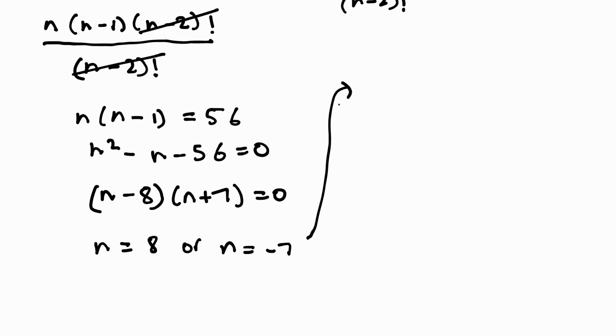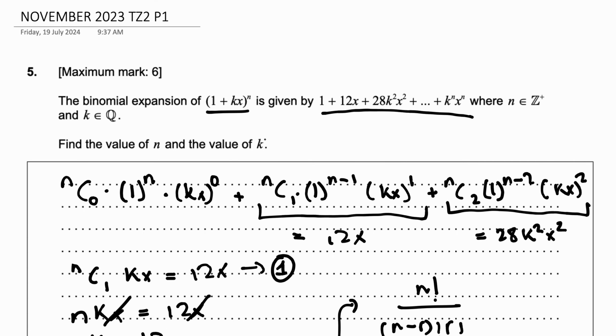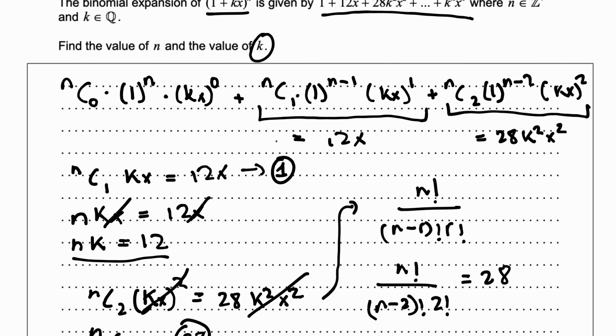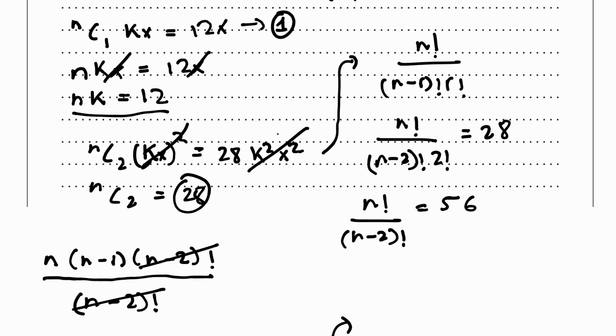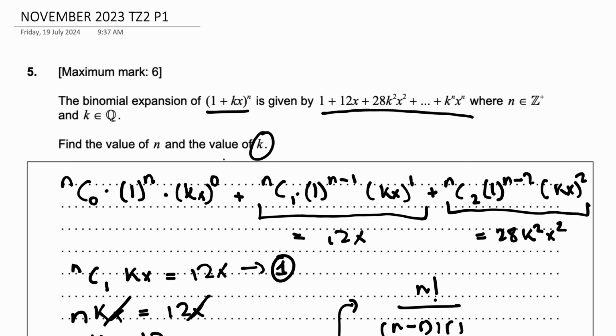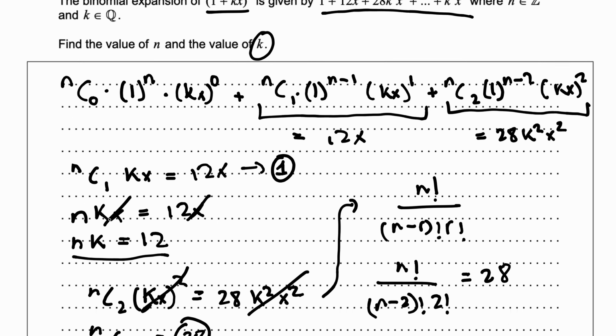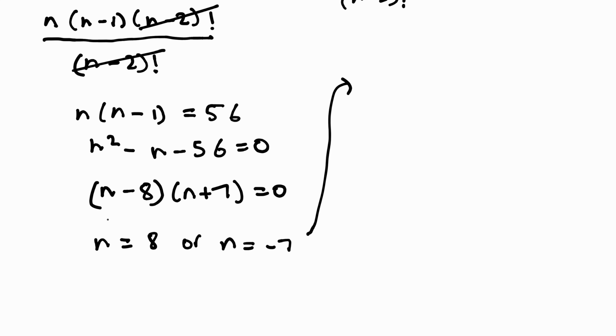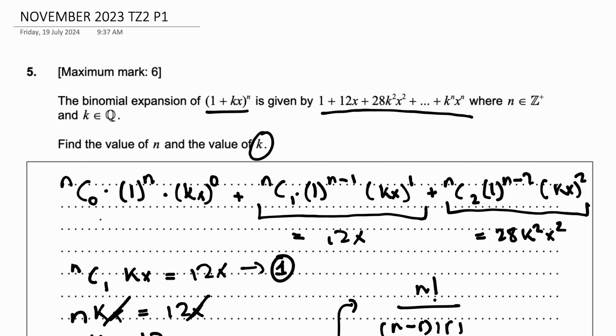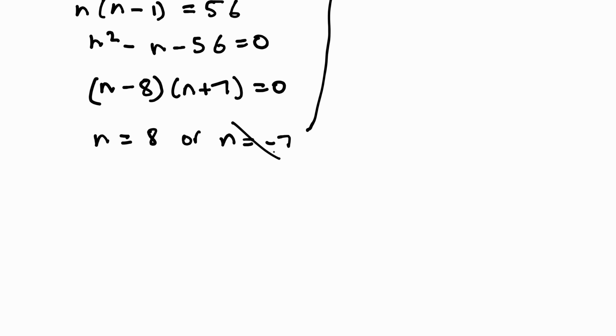Let's go up here. Now what are we supposed to do? We need to find the value of n and k. Okay, so let's do this. We found out the value of nk earlier. nk is equal to 12. So using this, I can solve this problem. Keep in mind that n must be a positive number. So negative 7 cannot work. n has to be equal to 8.